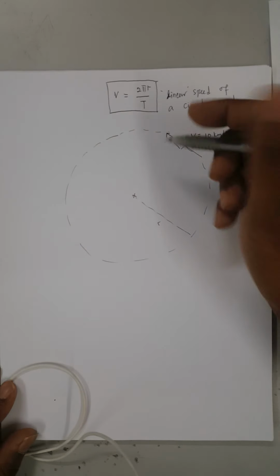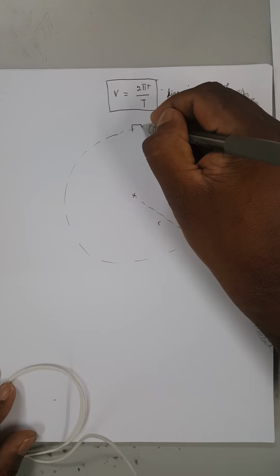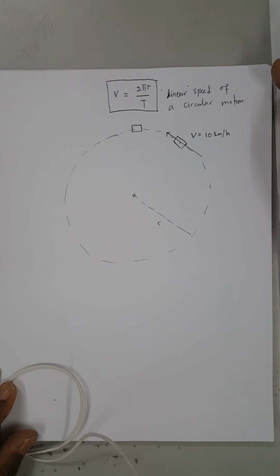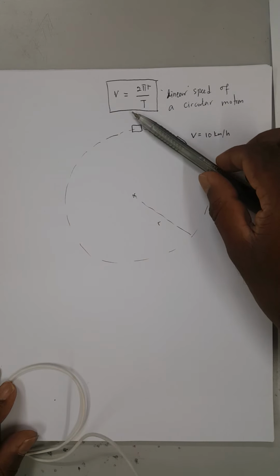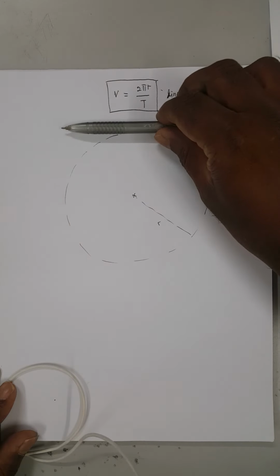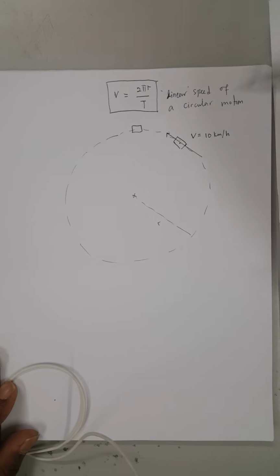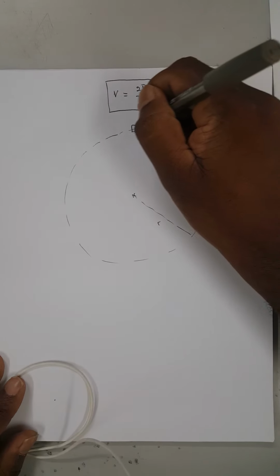But when it reaches this point, what is the direction of the car now? At this point the car is moving here, but when it reaches this point, the direction of the car changes, so it is another tangent to the curve.